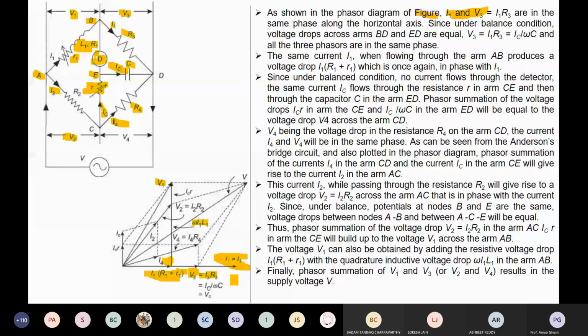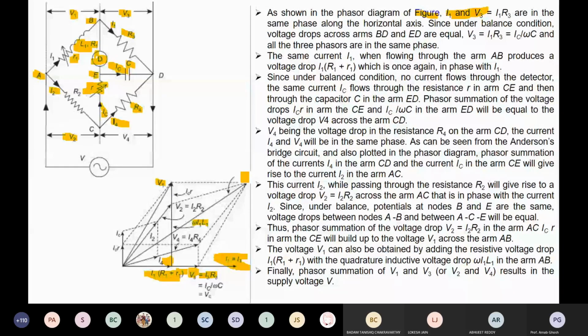So it is your V3. So you are able to find two things, one is V1 and another is V3. What is V? V is V1 plus V3, so directly you will get the value of V.